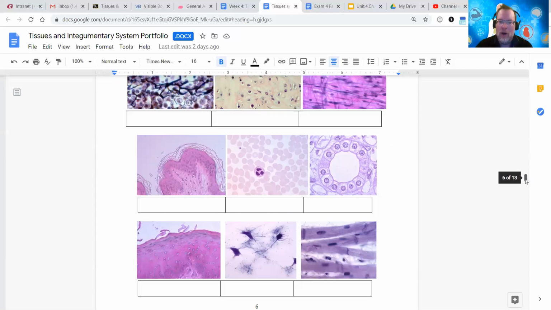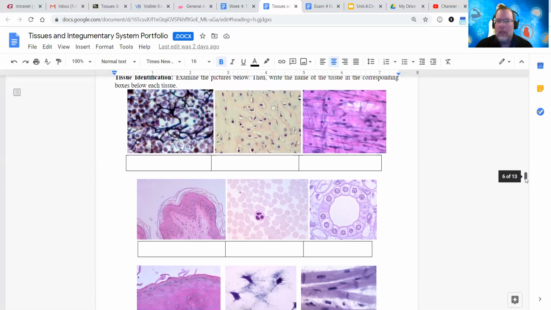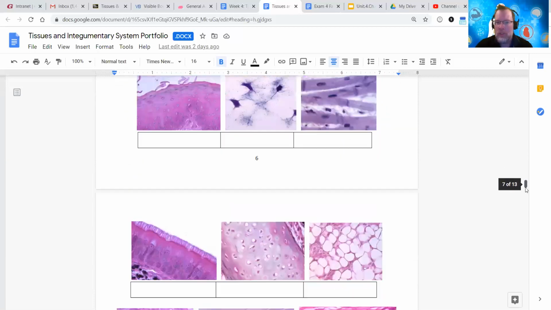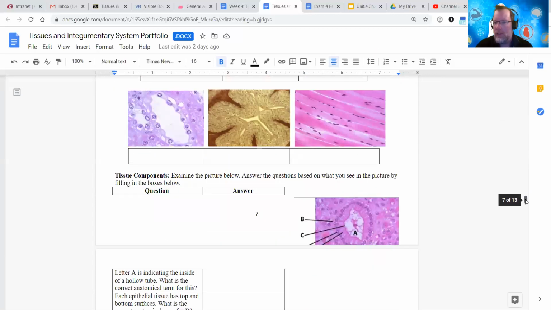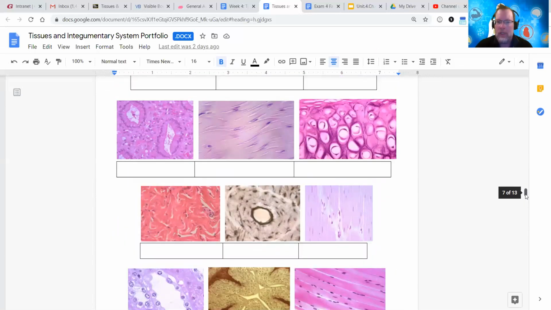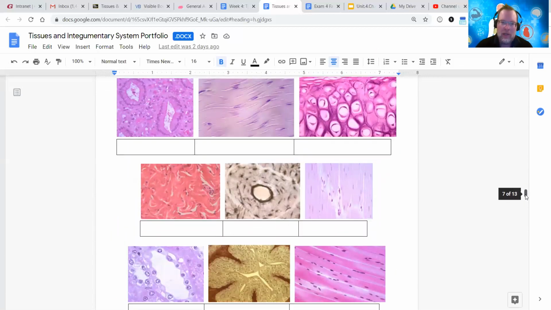These aren't numbered, so say first row, second row, third row, and so on, second one in, or you can take a screenshot if you're having issues with these. But I think for the most part, you should find these to be pretty straightforward.